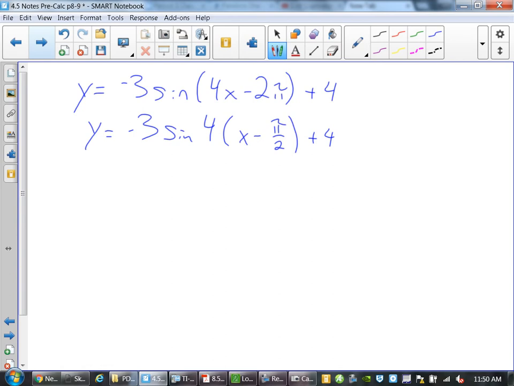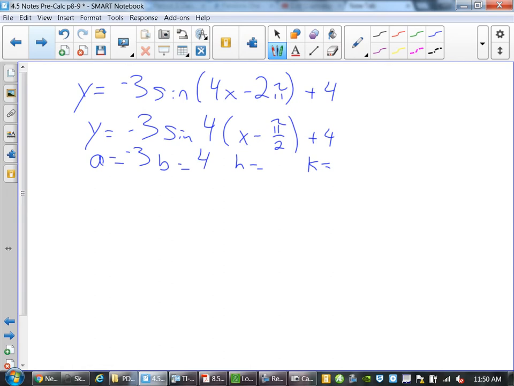Sir, where would you need the 4 then? That's your next step. Because now the next step is, now I know what to do for my A, B, H's, and K's, so I can start to distinguish amplitude, period, all that stuff. So your A value, gentlemen, is -3, B is 4.